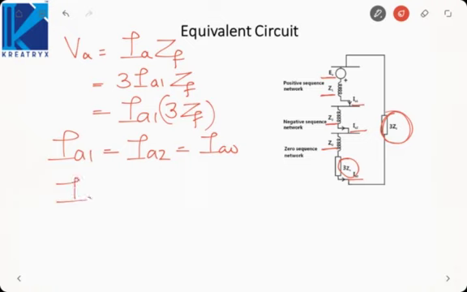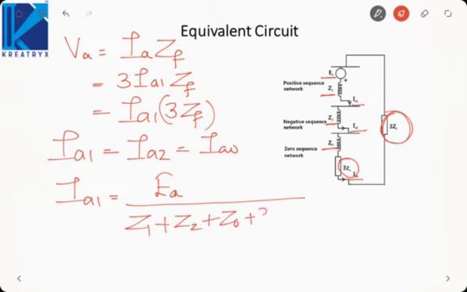Now from this circuit, if we derive the sequence current IA1, it will be EMF upon total impedance. Impedance is Z1 plus Z2 plus Z0 plus 3ZN plus 3ZF. This is the positive sequence current flowing in the circuit.